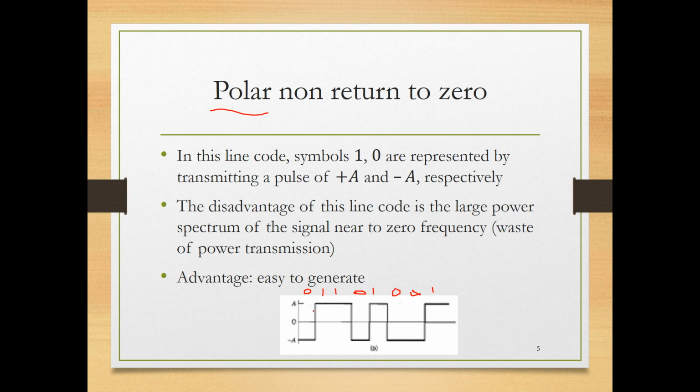This is actually not good because of filtering issues, and the 0 component, I told you, when the frequency is 0, it cannot pass through your cable, or through your channel, because when the frequency is 0, you have a constant. A constant doesn't alternate.